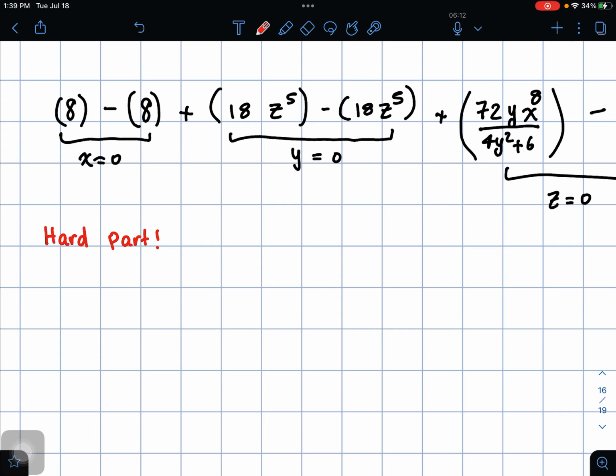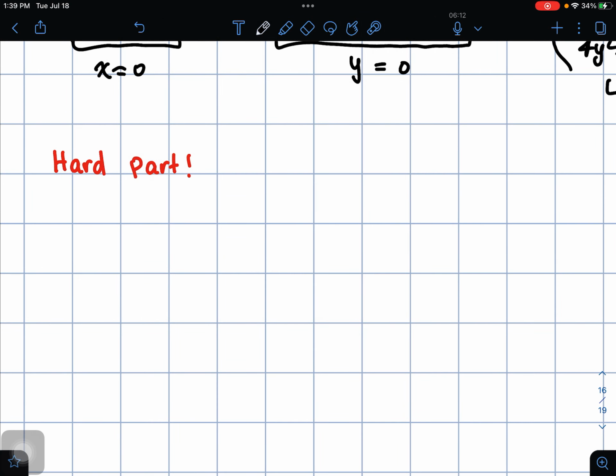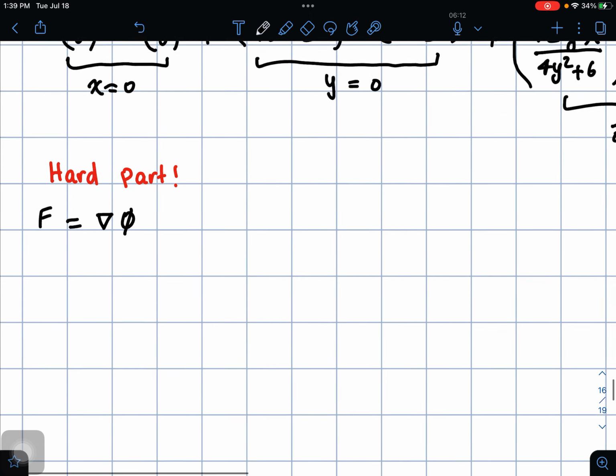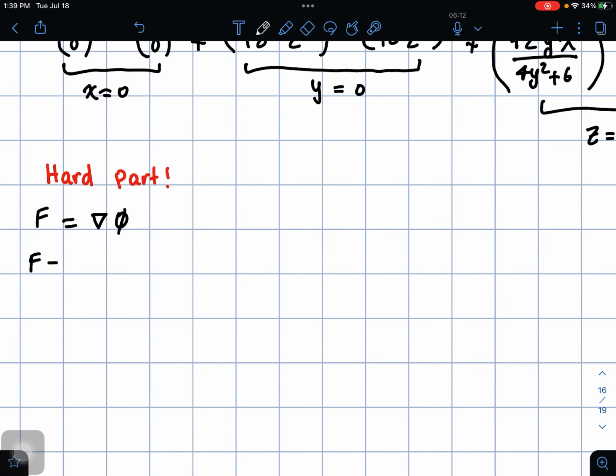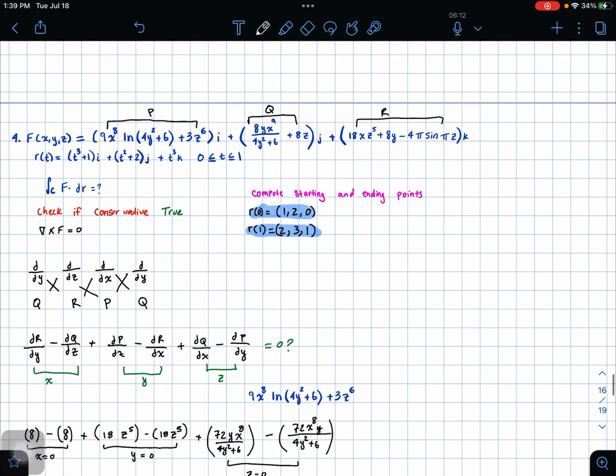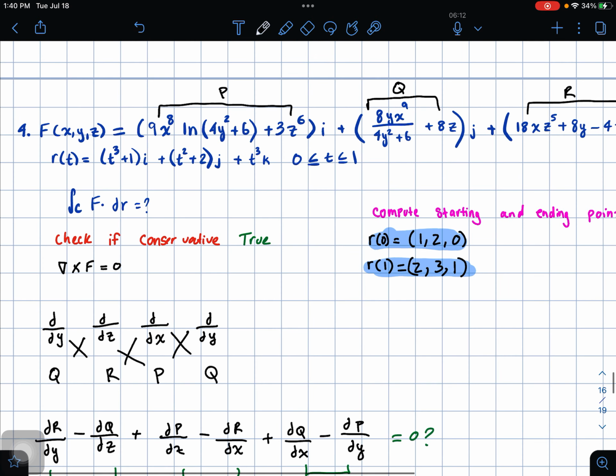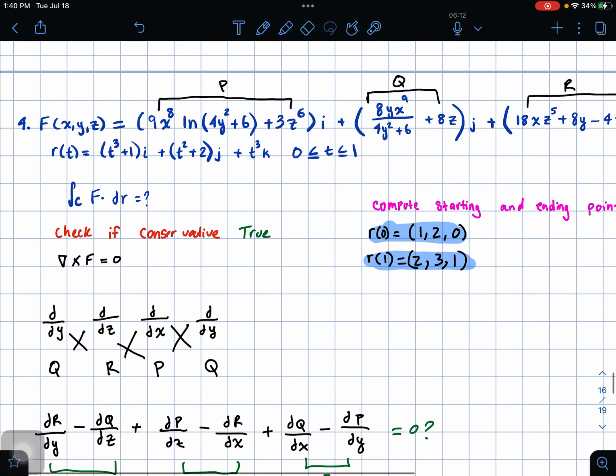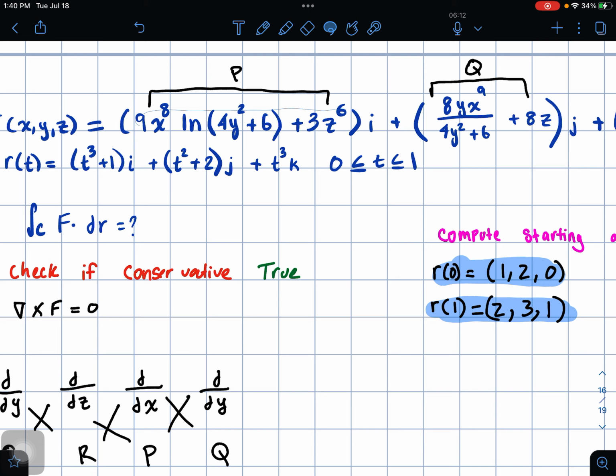Okay, so we have that f is going to be equal to some gradient of phi. So f is this thing right here, and in coordinate form it's just p, q, and r. So I'm going to rewrite that in coordinate form because it's much easier.